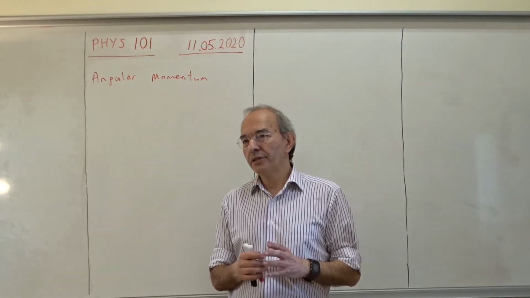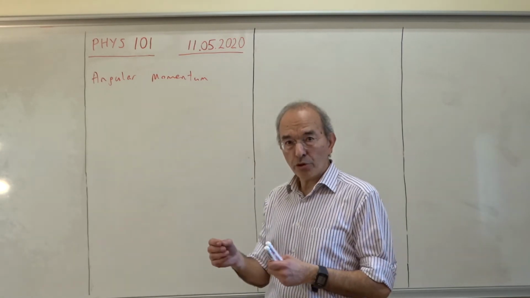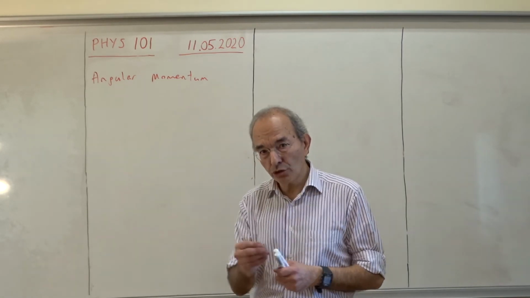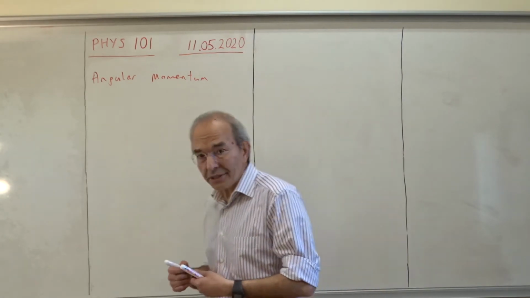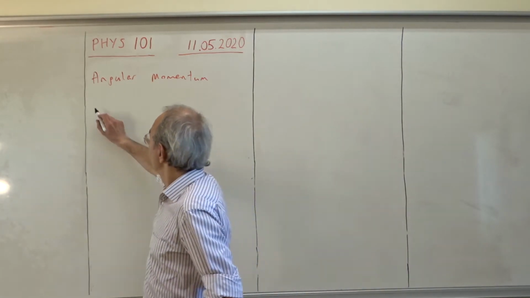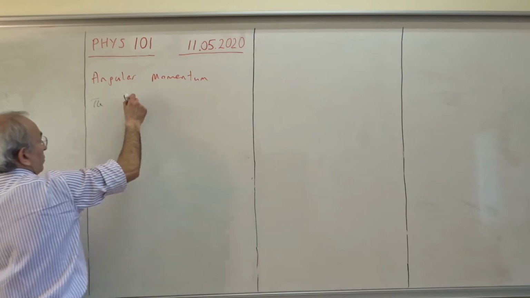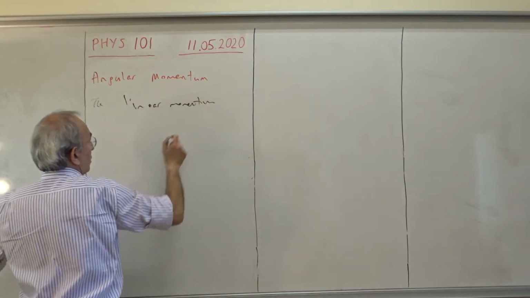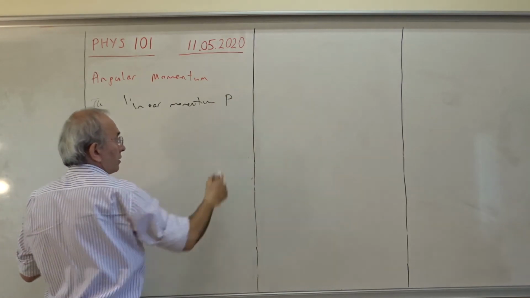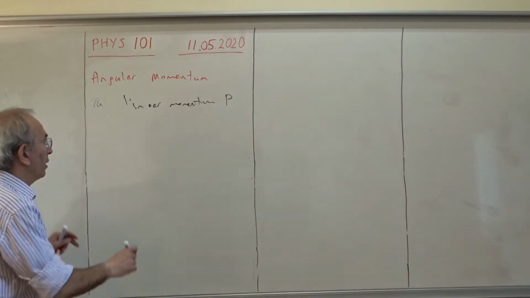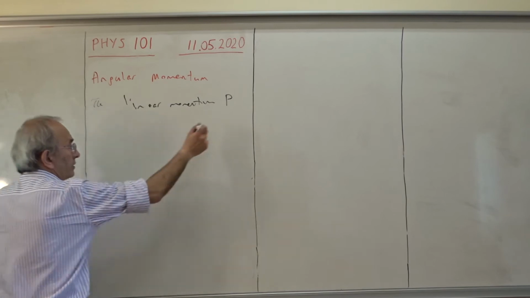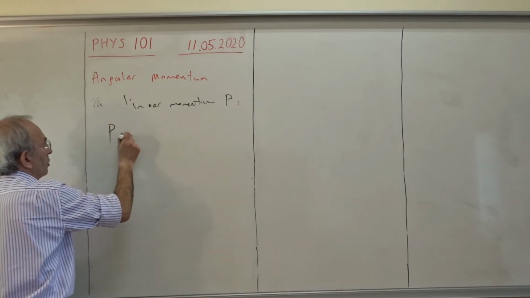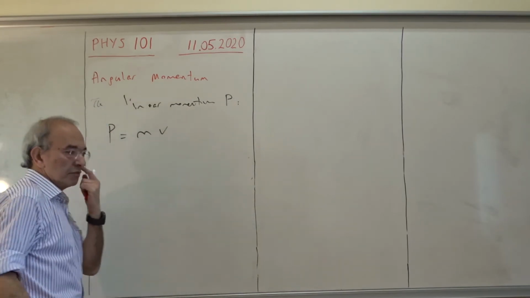We define the linear momentum as the product of the mass of the object and the velocity if it is moving. So the linear momentum of an object was generally defined by P. Momentum was defined as P is equal to mass of the object times the velocity.